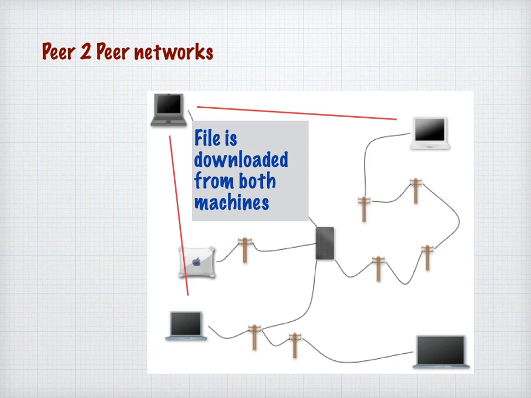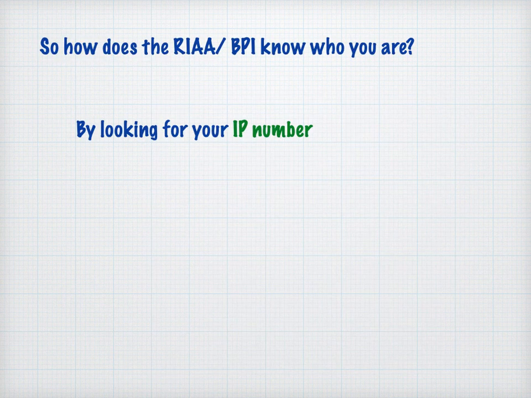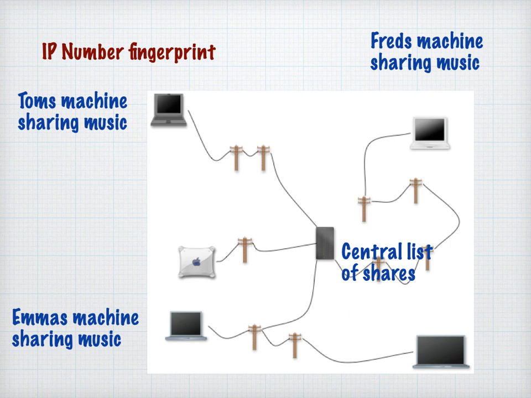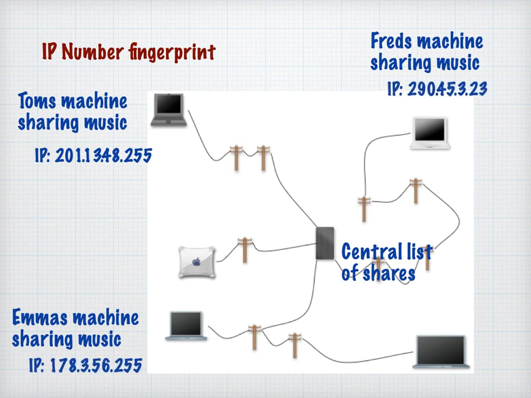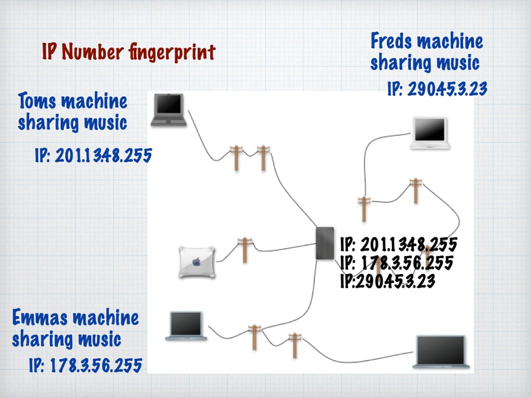So how does that actually work if you think about it in terms of IP numbers? Well, you might think that IP numbers mean that you're anonymous, but you're not, because of course there has to be that central list of shares. Each machine has got an IP number, and that central list of shares is maintaining a list of IP numbers and who is sharing which file.